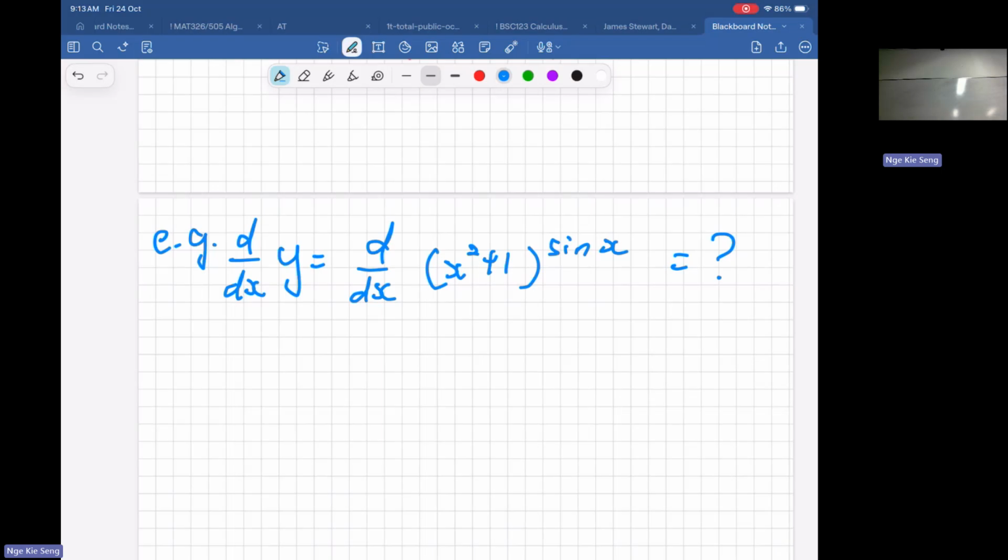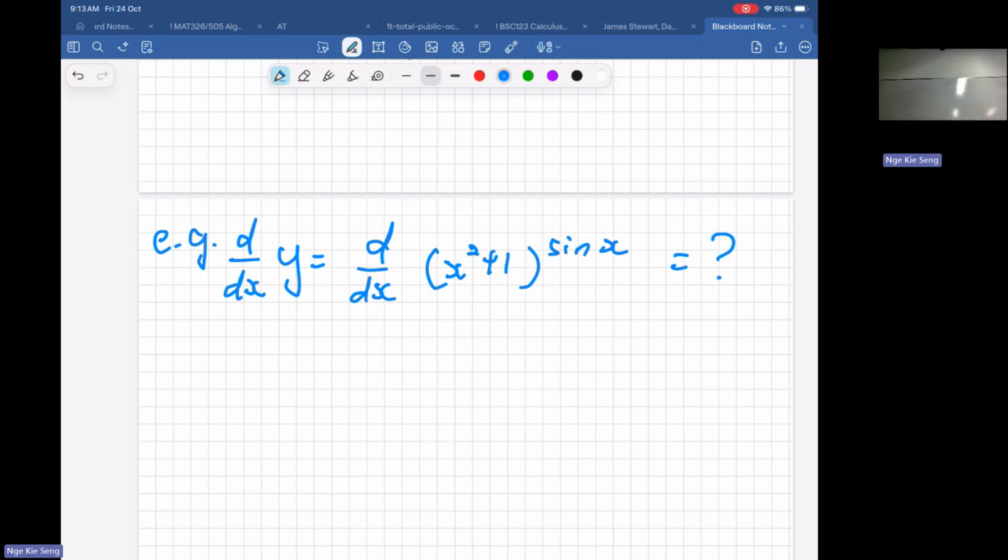This function seems to be defined everywhere, right? You can put any x into x squared plus 1 and you get some value. Then you take it to the power of sine of any x. Sine x ranges between -1 and 1.